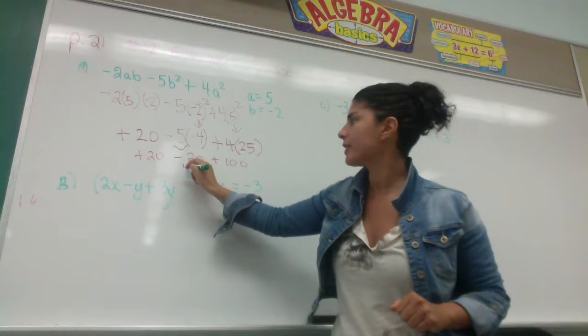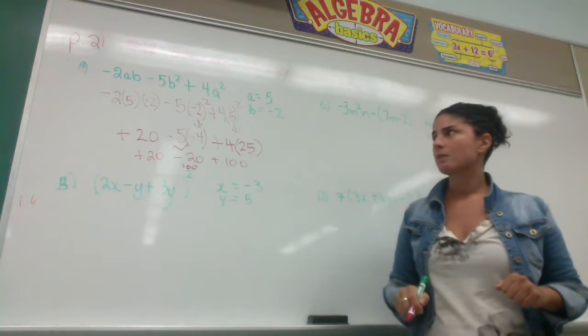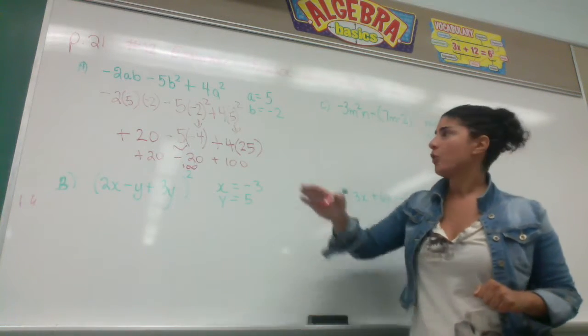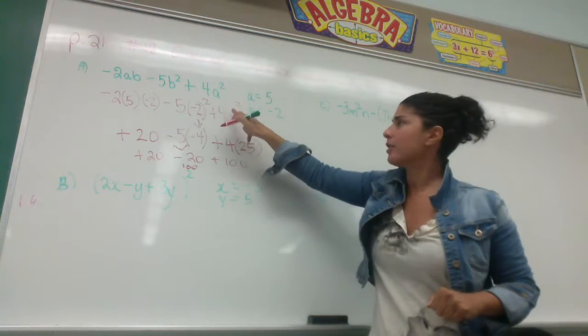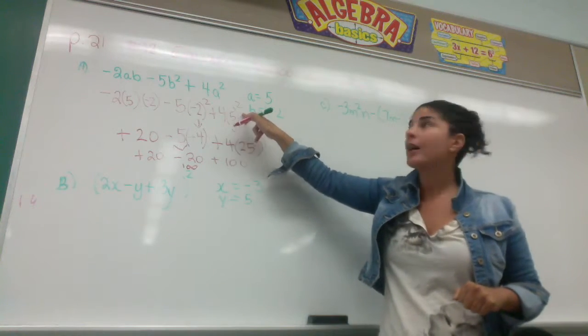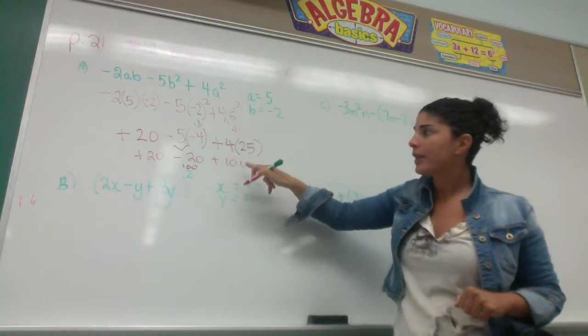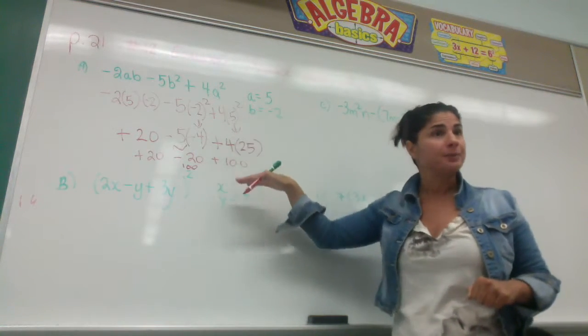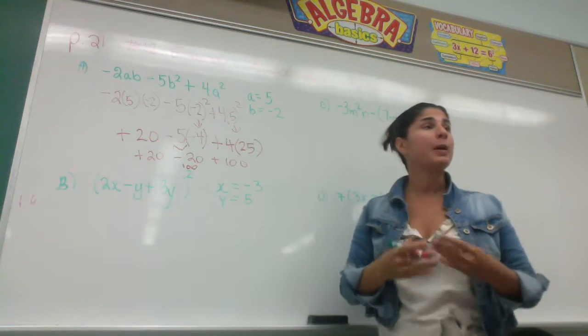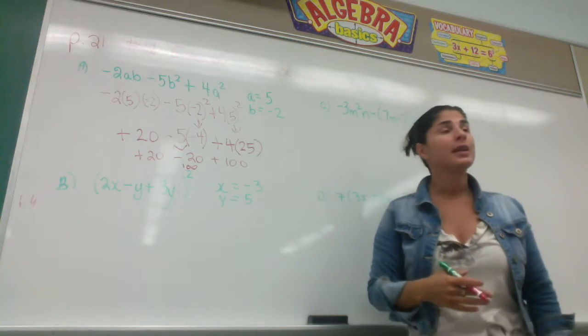Final answer is 100. So from here to here is a new lesson, because I showed you how to replace a variable by a value. But then from here to here, this is grade 7, working with PEMDAS and working with integers.